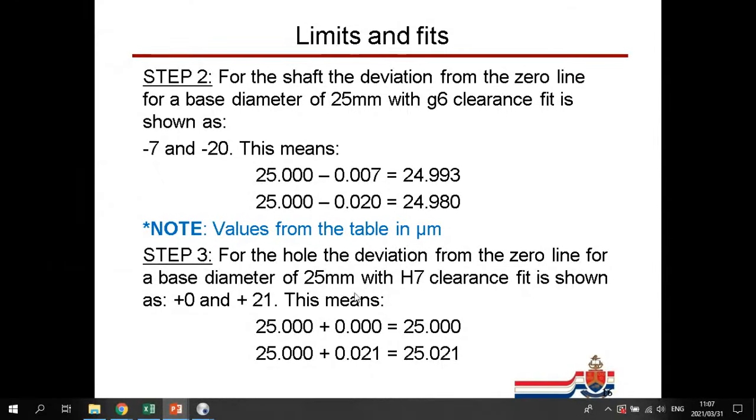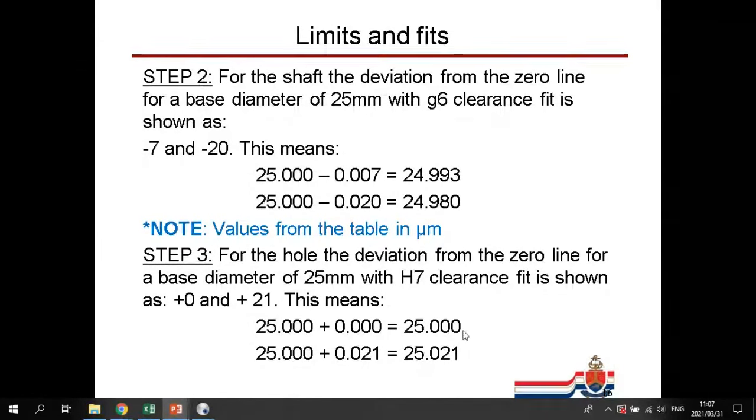For the hole, we can do the same. We add a 0 and a 21. Again, remember those values are in micrometers. So it's 25.000 plus 0 and plus 0.021, meaning the hole must be between 25.0 and 25.021.